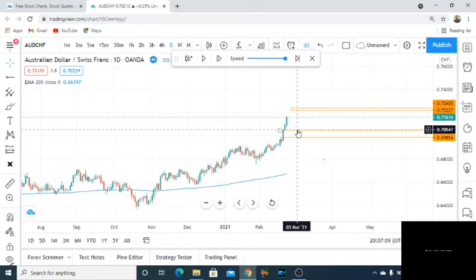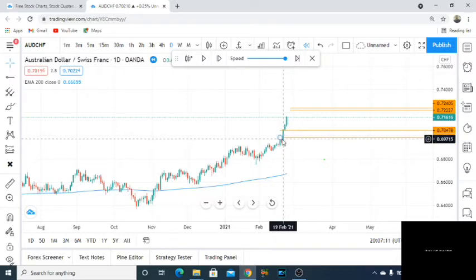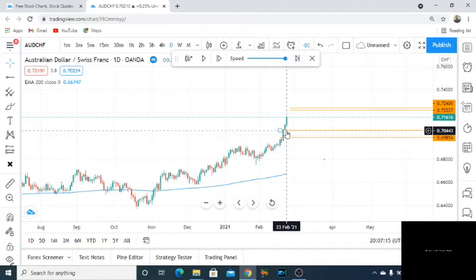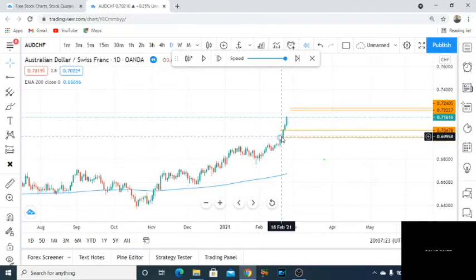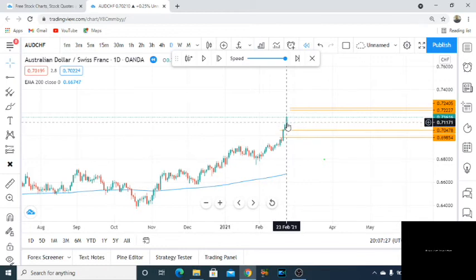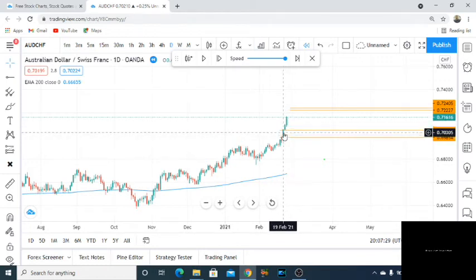Basically the imbalance is an area where the market is moving only in one direction. If it's a bullish market only moving to the upside, that means there's no bearish candle and no tail covering that area.